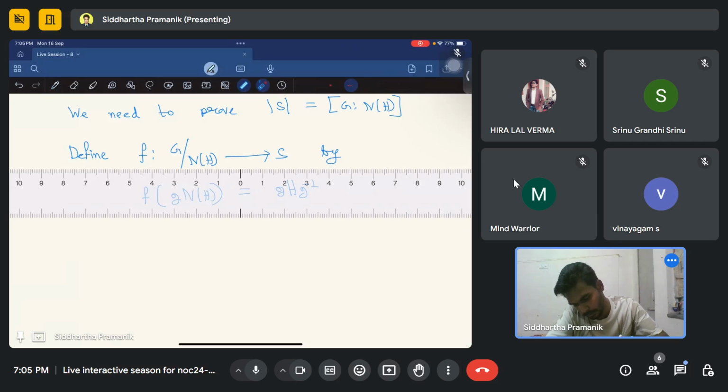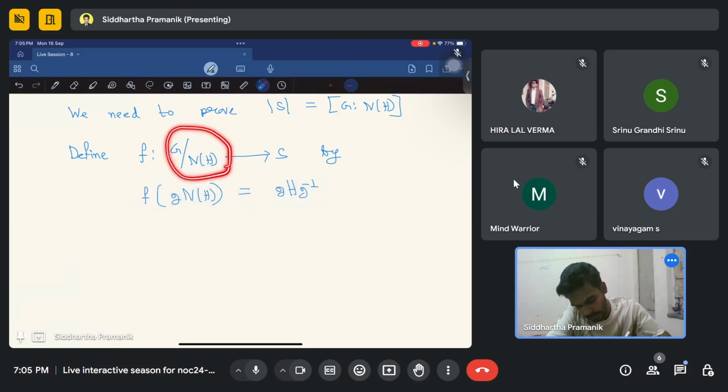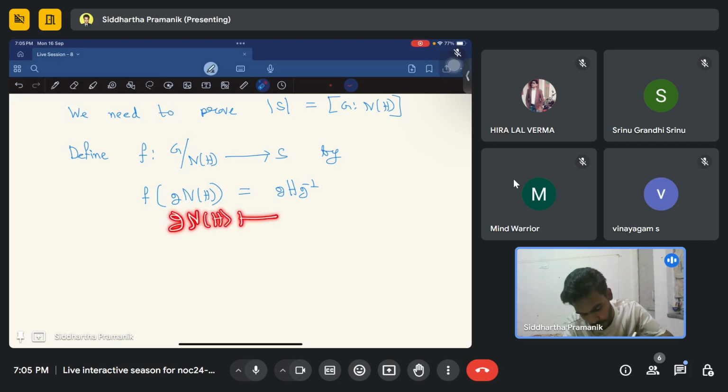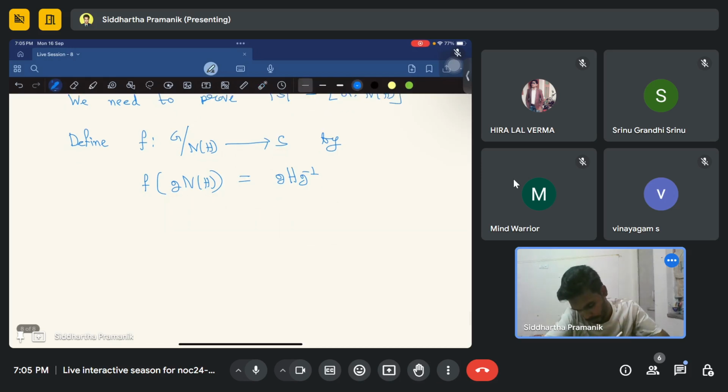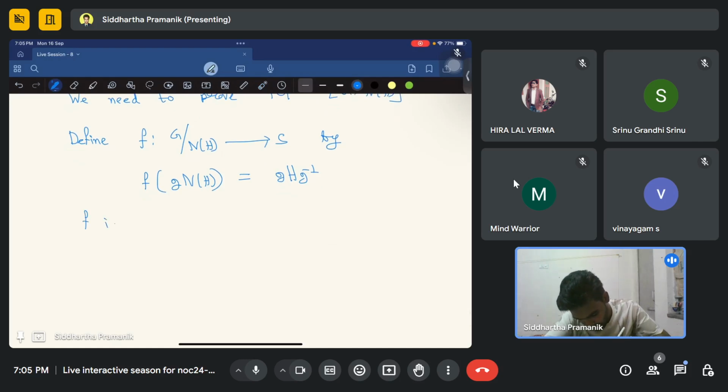This is the set of all left cosets of NH, right? This may not be a group, but this is a set, so every element is a left coset. So we are defining this function f as g times NH mapped to gHg inverse. Since this is a conjugate, this lies in S. So this function is well defined. We will prove this is a bijection. So how do we prove f is one-one?